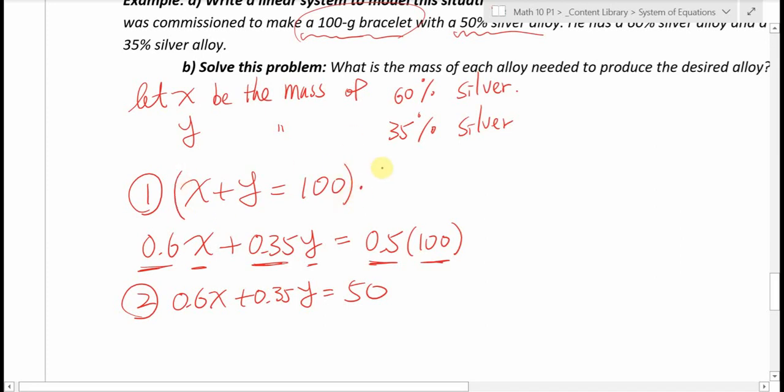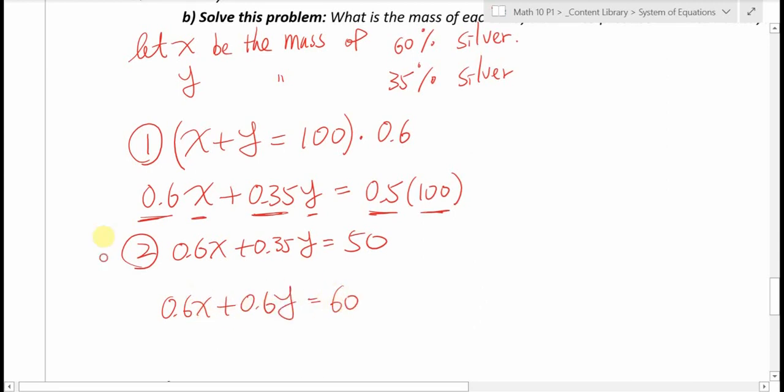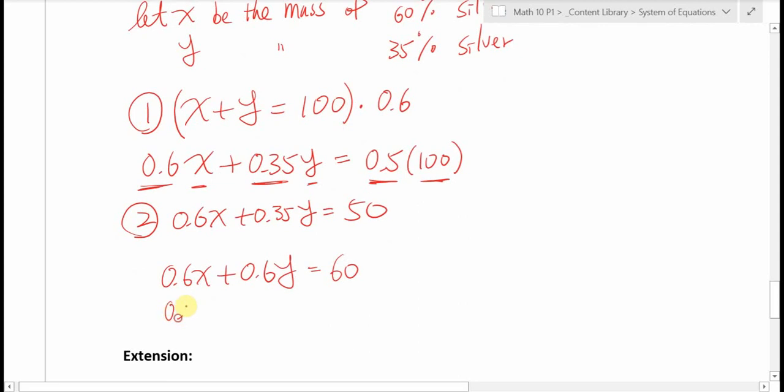I'm going to multiply the first equation by 0.6. So then I end up with 0.6x plus 0.6y equals 100 times 0.6, which is 60. And I'm just going to copy the second equation and I get 0.6x plus 0.35y, and that equals 50.